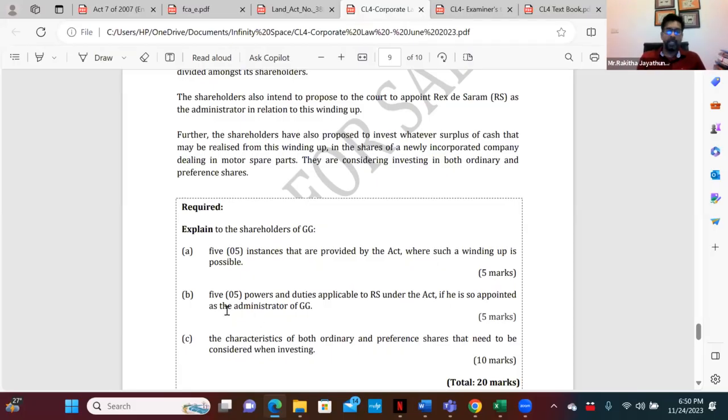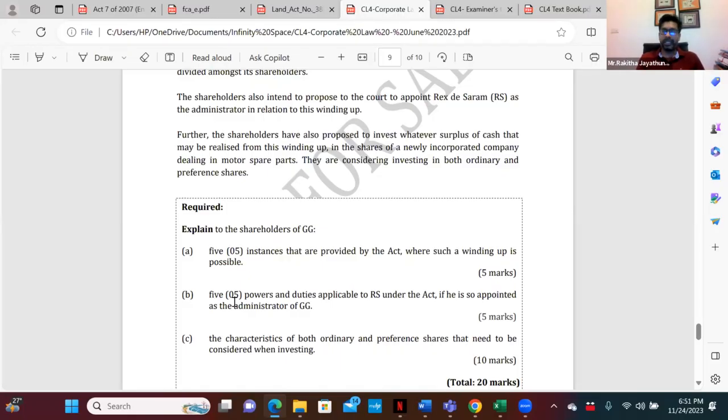Let's see. Then B, 5 powers and duties applicable to RS. We don't know what RS is under the Act, if he is so appointed as the administrator of GT. So there's a key word here, administrator. So this topic is obviously from liquidation or winding up of a company.